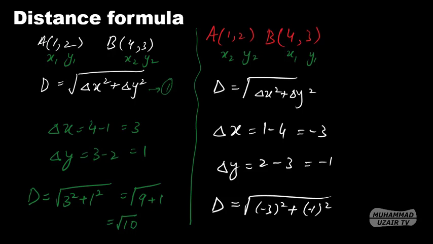As we can see that there is a square, the minus sign will cancel out, because minus 3 multiply minus 3 is plus 9 and minus 1 multiply minus 1 is plus 1. So we'll get the same result, 9 plus 1, which is under root 10.